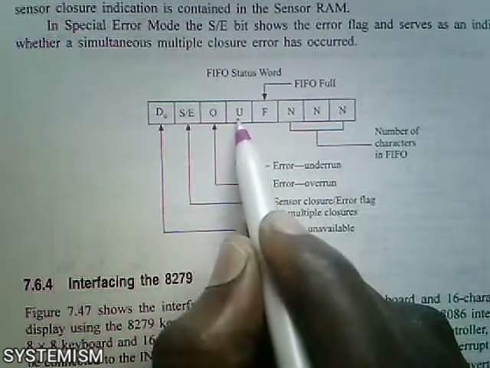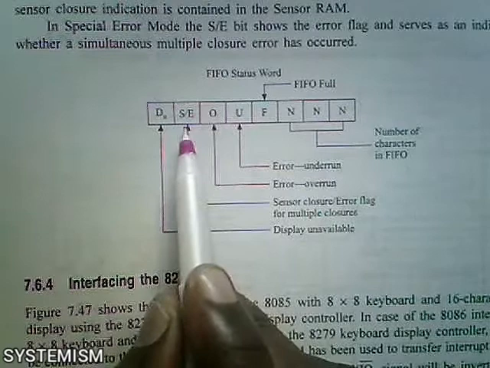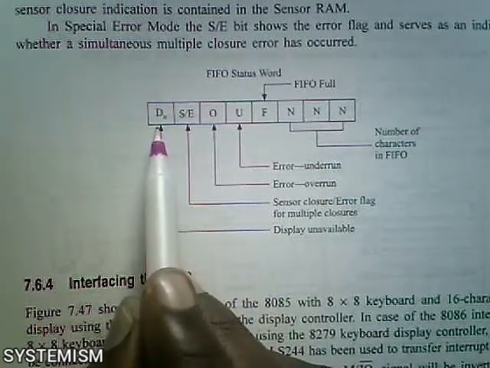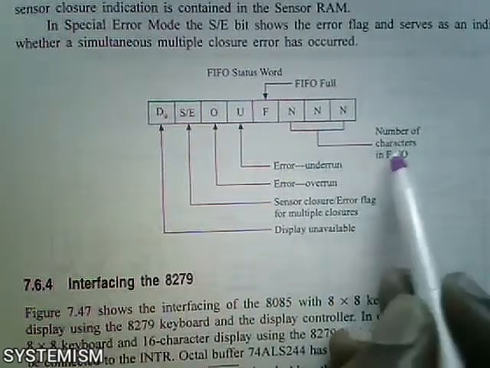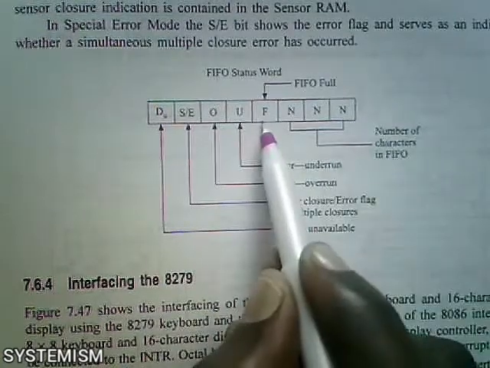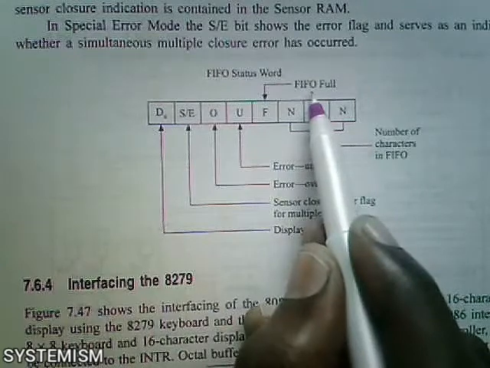The next ones are underrun, overrun, then sensor closure or error flag, and then display unavailable. So the bits here specify how many characters are in the FIFO.